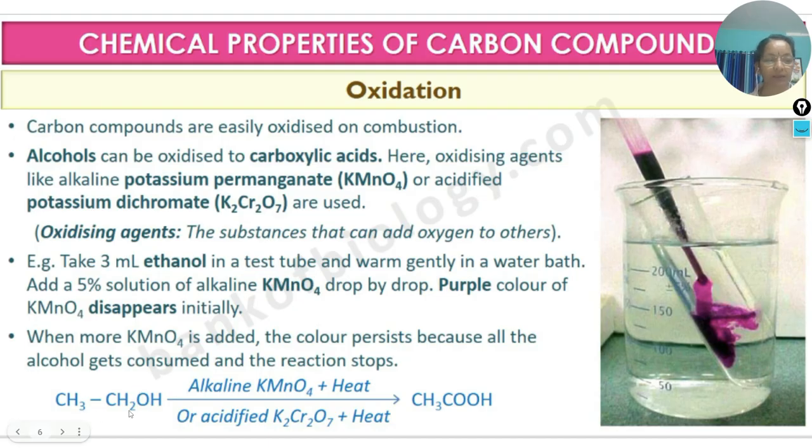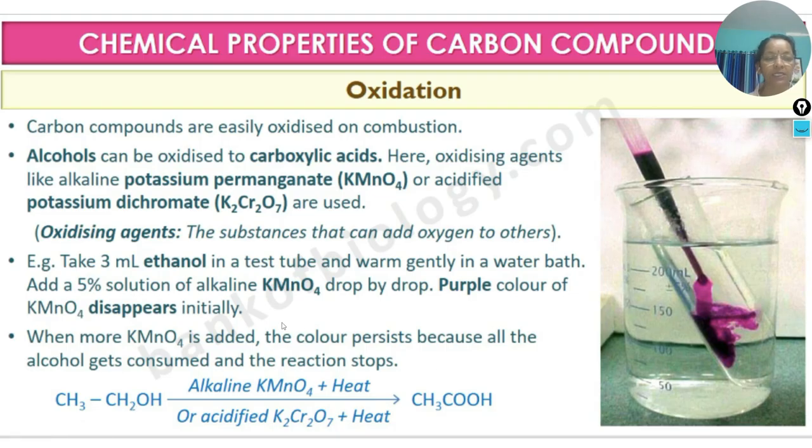See, the equation is like this: CH3CH2OH in presence of either alkaline KMnO4 or acidified potassium dichromate converts into ethanoic acid or acetic acid. That means addition of oxygen is taking place, and the oxygen is supplied by either this or potassium dichromate. So they are called the oxidizing agent. Since oxygen is being added, it is called the oxidation reaction.